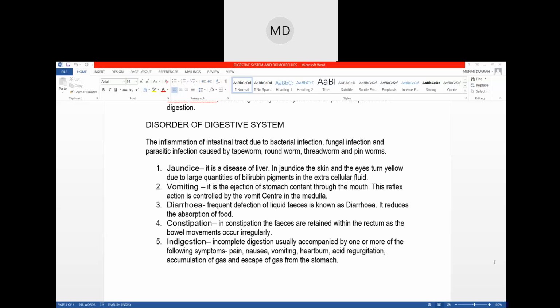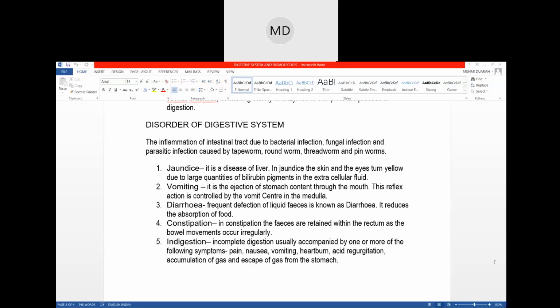That is a very serious condition sometimes, and some people suffering from gastric problems also suffer from constipation. So constipation is irregular bowel movements. At least once in a day you have to go, or at least once within 2 days. But those people will not go to the bathroom, and that is a very unhealthy situation.